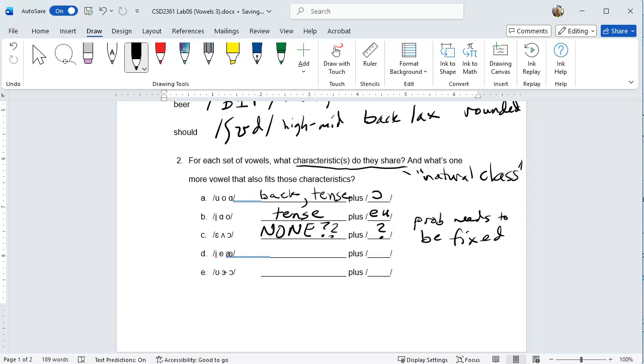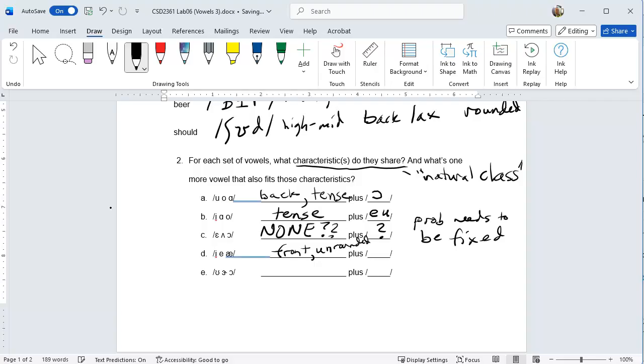All right, next up we have E and A and A. Those are all in the left column of the chart, so that puts them in the front category. E and A are tense, but A is lax, so they don't mix there. They're at different heights, but because they're front, they're also unrounded.